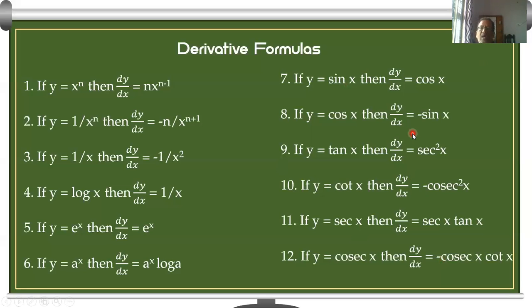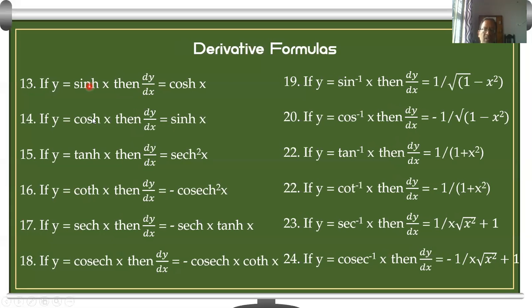Hyperbolic functions are exponential functions. What is the definition of sinh x? e power x minus e power minus x by 2. Cosh x definition is e power x plus e power minus x by 2. Like that, these are exponential functions, not defined over a right angle triangle.